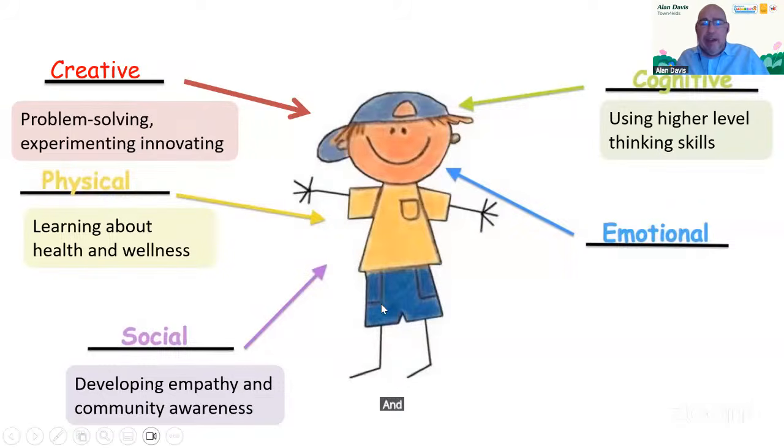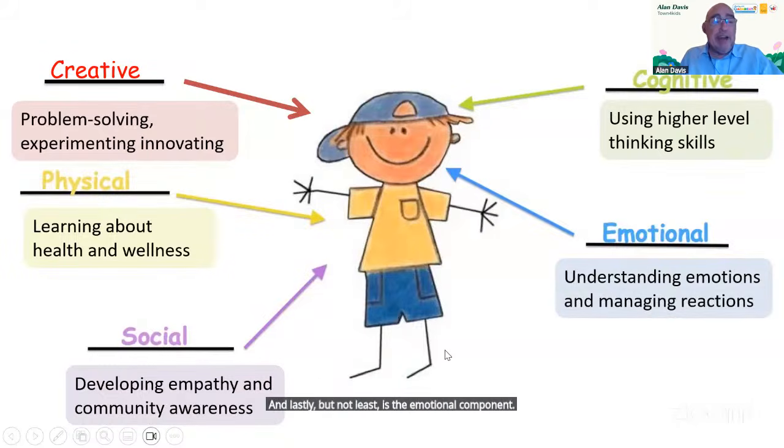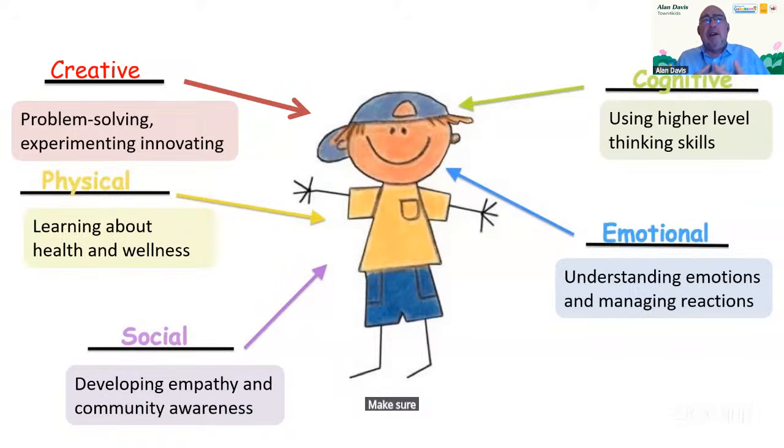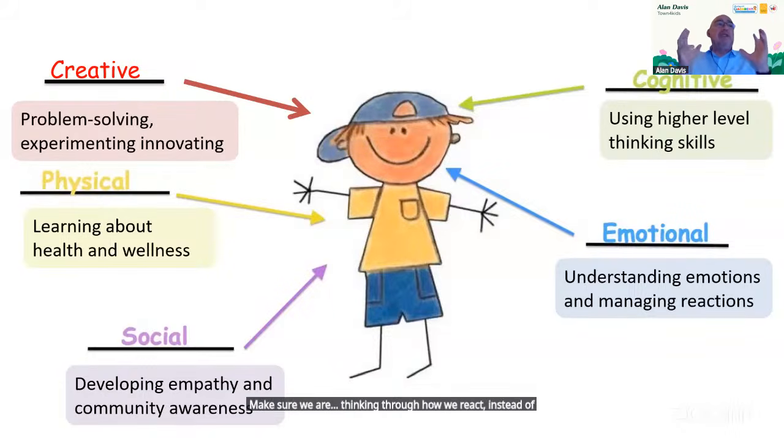And lastly, but not least, is the emotional component, or understanding ourselves, understanding how to regulate our emotions, to make sure we are thinking through how we react instead of just reacting instinctively.